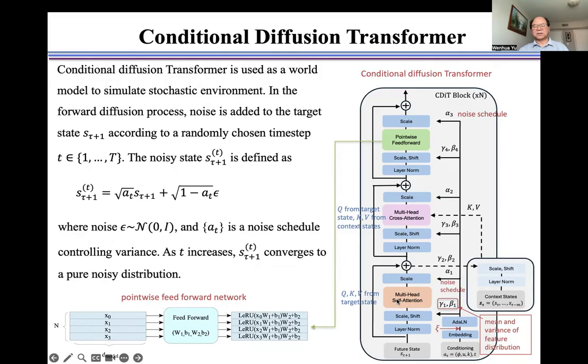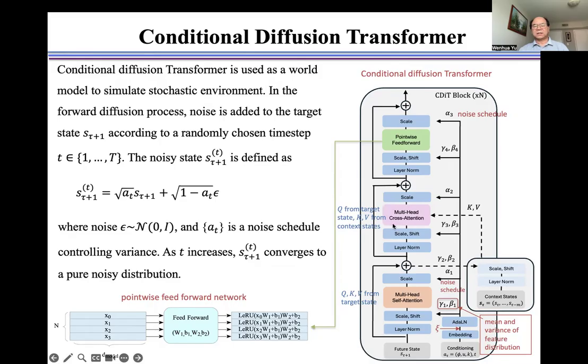The first one is self-attention, which uses the goal state as the input, namely query, key and value are calculated from the goal state. Gamma and beta are the mean and variance of the feature distribution.